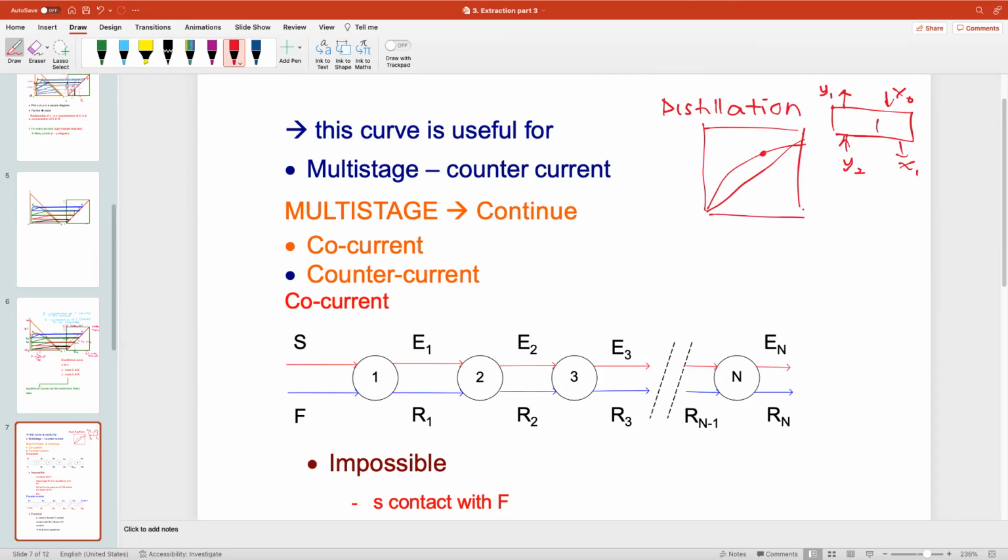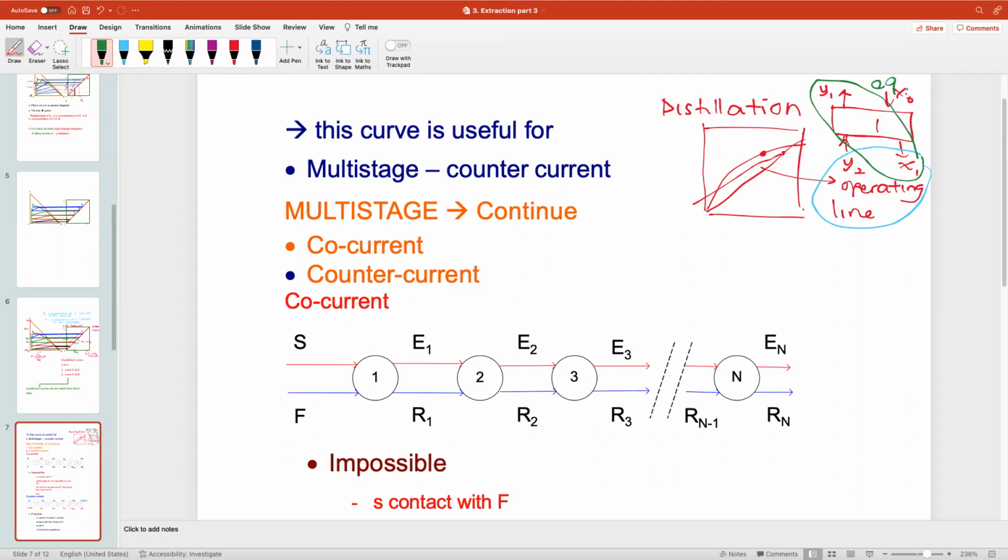You also have what is called the operating line, if you remember, that tells you regarding the correlation between the x1 and y2, remember, and this is the operating line, and also this tells you about the equilibrium.